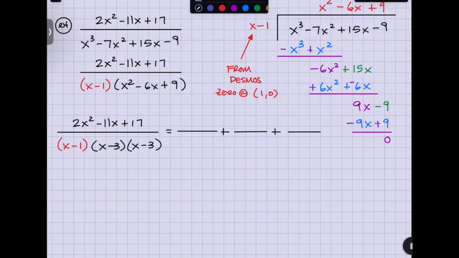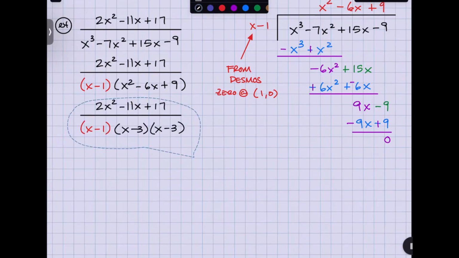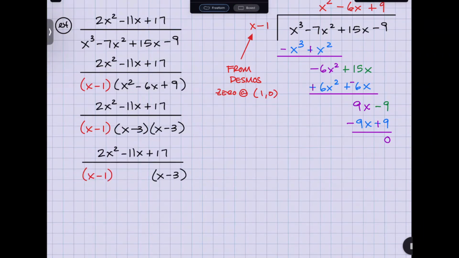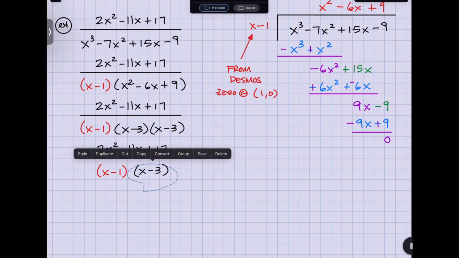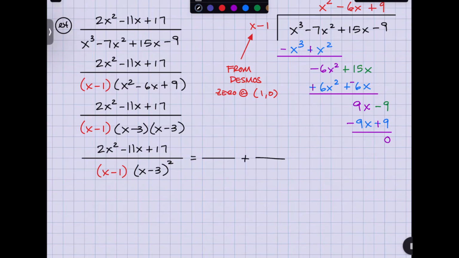Actually, before I do that, let's do this. Now I do that.